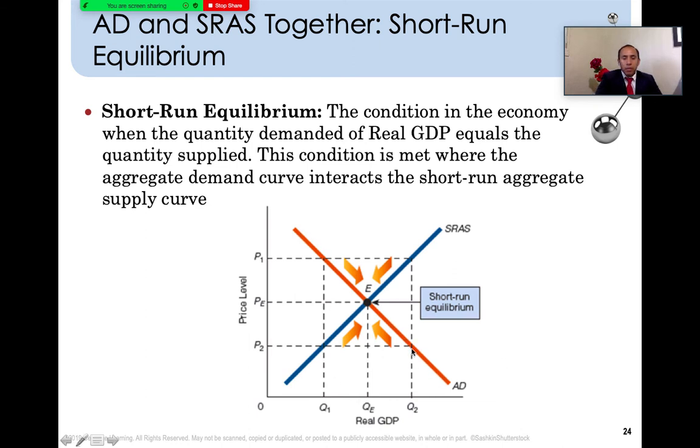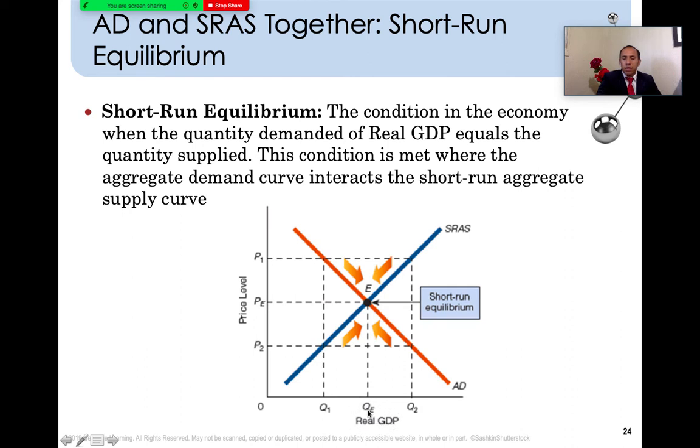Aggregate demand by all sectors, consumers, investors, government, and the foreign sector, intersects the short-run aggregate supply, which is affected by wages, resources, non-labor inputs, taxation, and government productivity. They meet in the market for mutual exchanges, and we have an equilibrium price level and an equilibrium real gross domestic product.